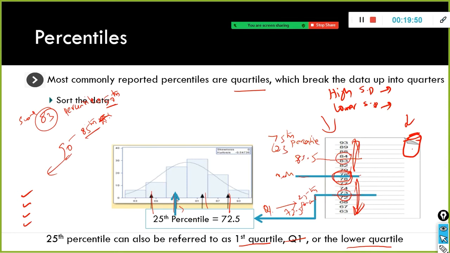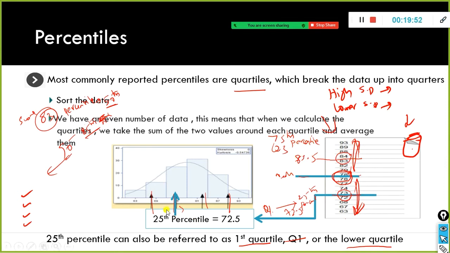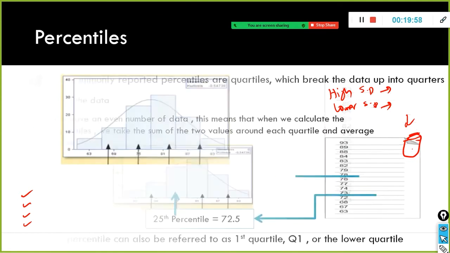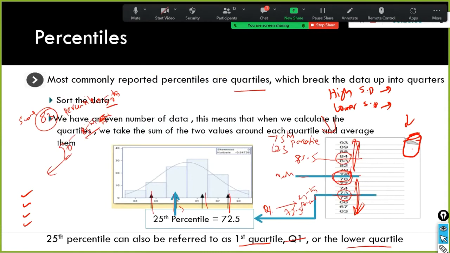Okay, fine. So how do you tell this value, this 72.5, how did we get this? Just beneath this median, you found the median. So that is your 72.5, which is nothing but your 25th percentile. How do you explain this 72.5?